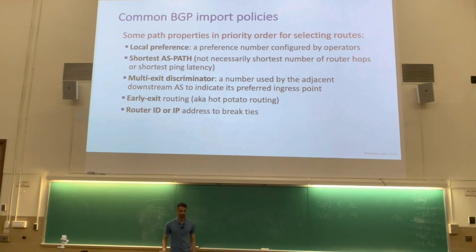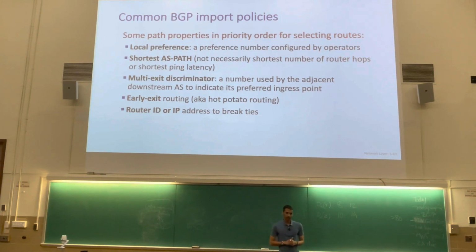It's not like they're trying to be evil. They're not trying to give you long paths. If you have multiple options, the route that goes through the fewest number of ASs is the route that will be more preferred. That's strictly lower in priority than an operator-configured local preference.